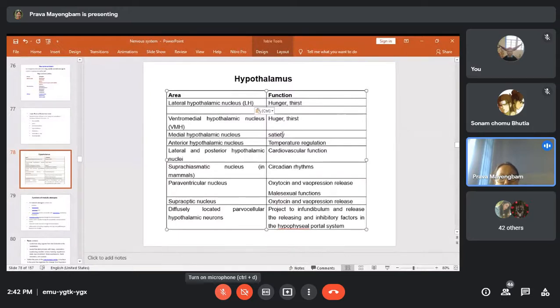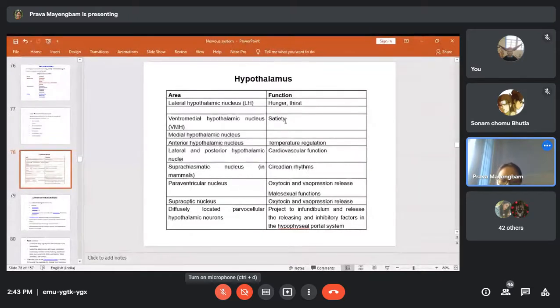If it is like this, you change it in your notes. I'm not sure how it is given in your notes. Lateral hypothalamic nucleus is associated with hunger and thirst.